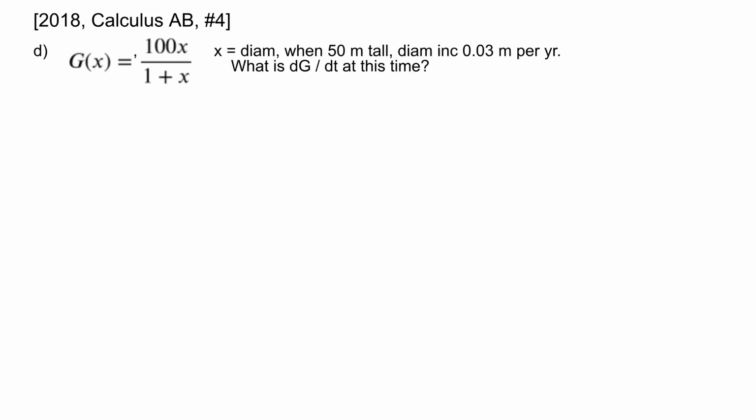In part D of this question, we are given a function g of x equals 100x over 1 plus x, and x here represents the diameter of the tree, and when the tree is 50 meters tall, the diameter is increasing at 0.03 meters per year. We are asked to find dg dt at this time.